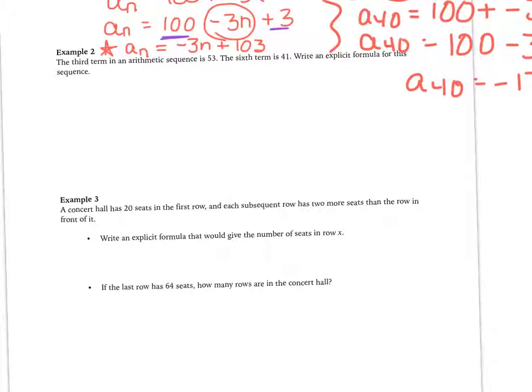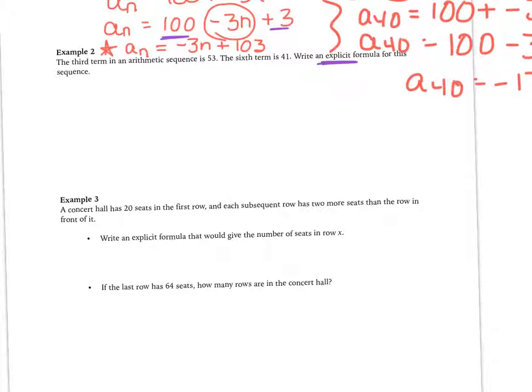You might do one of these things where you say, all right, I have term 1, term 2, term 3 is 53, and so on. If you're able to do it that way, knock yourself out. But here's what I'm going to suggest to you. Remember that in an explicit formula, you're relating the term number to the term.